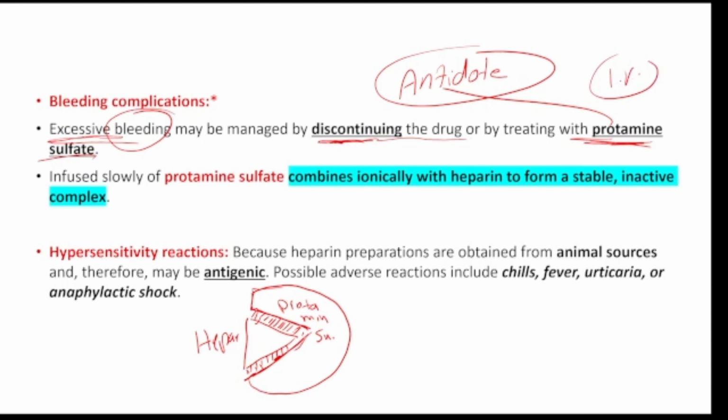Hypersensitivity reactions occur because heparin, they said, is derived from animal sources. Therefore, the patient may form antigenic reactions. The patient may suffer from chills, fever, urticaria, or anaphylactic shock.